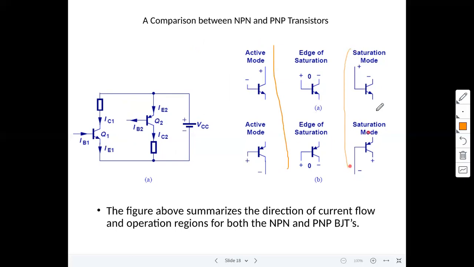In saturation mode, this will become plus and this will become minus. Why? Because this junction is forward biased. In active mode, this junction is in reverse bias. The figure above summarizes the direction of current flow and operation regions for both NPN and PNP transistors.